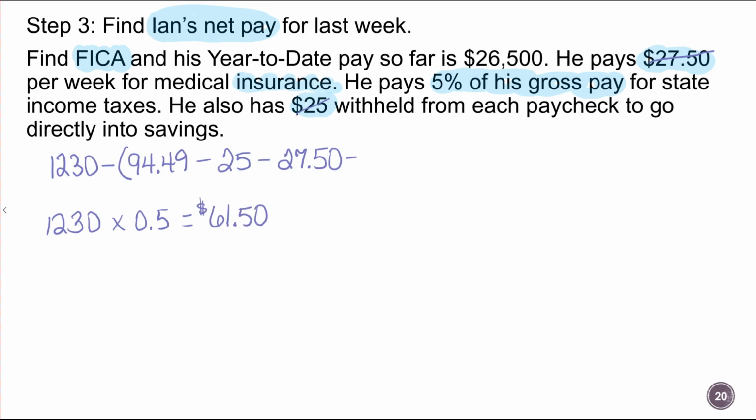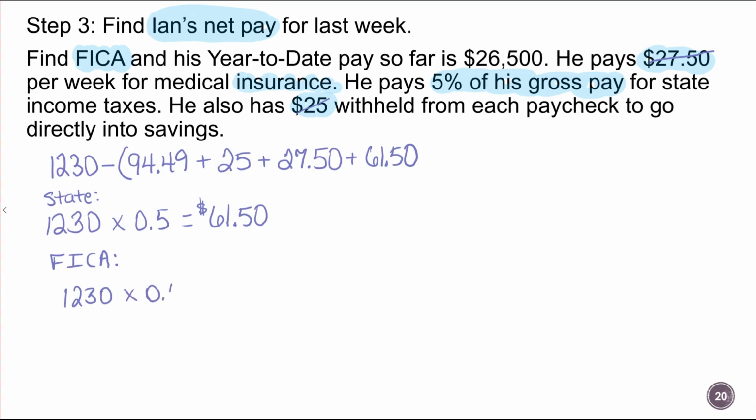So we're also going to subtract, actually I'm going to add these together. We're going to add them all up and then subtract them from 1230. So $61.50, and this is state. And then let's look at FICA. For FICA, we're going to figure on the full amount because he's not anywhere close to the cutoff for his year-to-date.